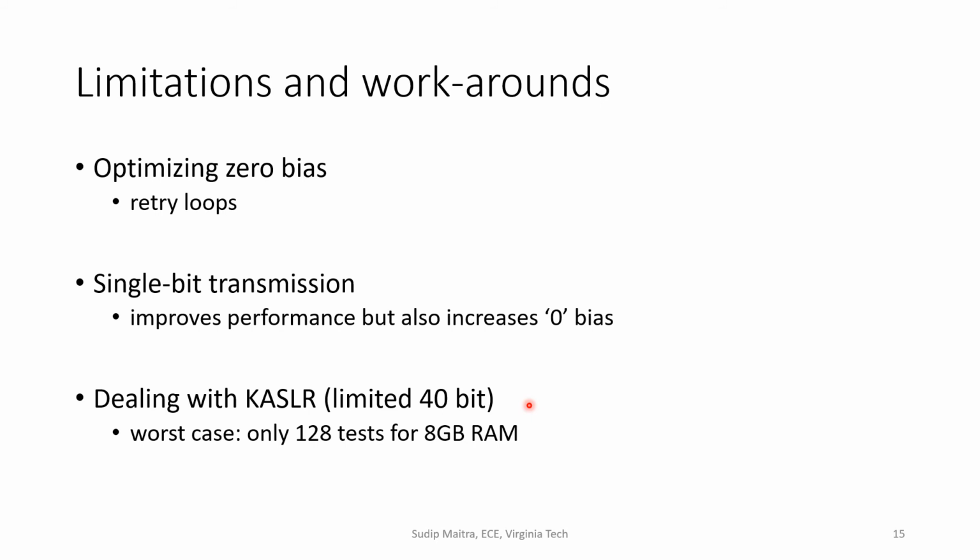KASLR is limited to only 40 bits of randomization, so testing 128 times in 8 GB steps for an 8 GB RAM would reveal the kernel location. So it's not much of a challenge.